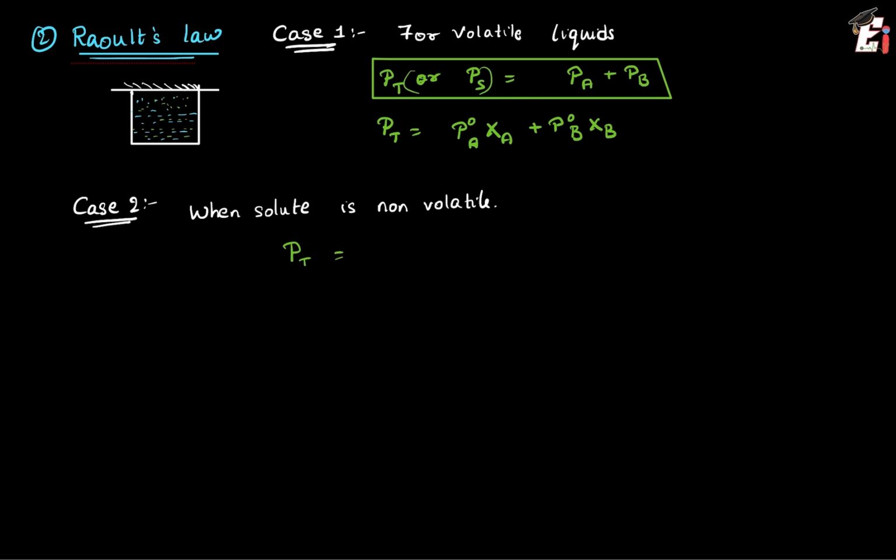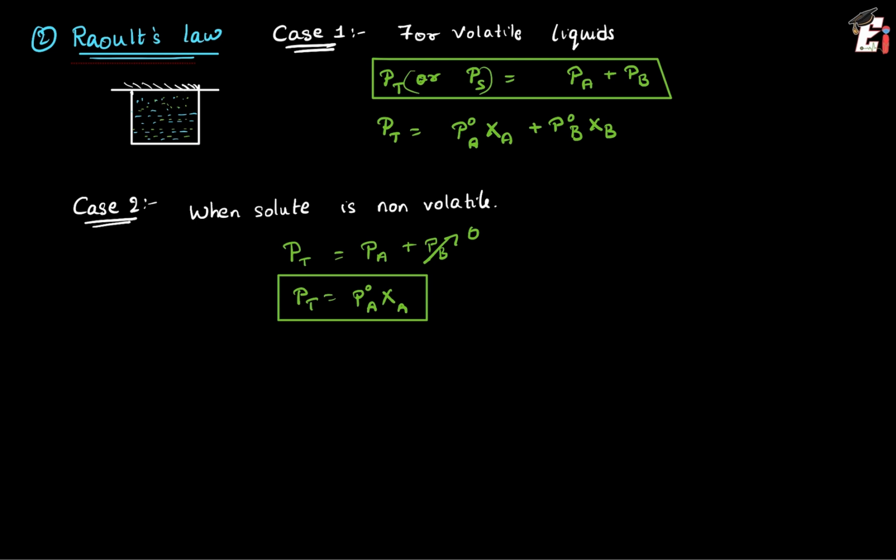Pressure total is equal to pressure of A plus pressure of B, right? So since solute is non-volatile, solute is B, its vapor pressure is going to be 0. So pressure total will be equal to pure A pressure into mole fraction of A. That's all. This is going to be the formula.